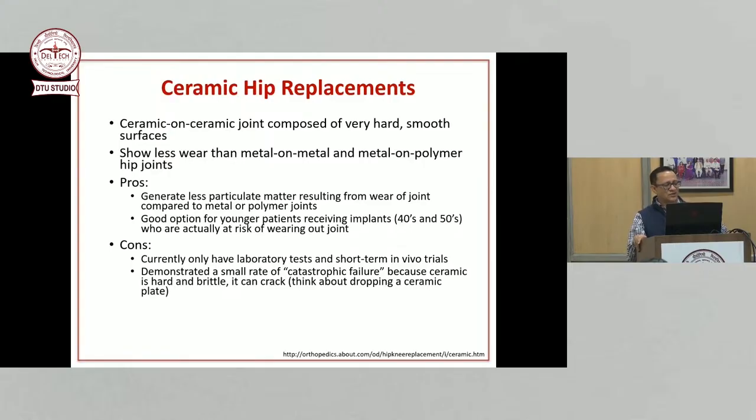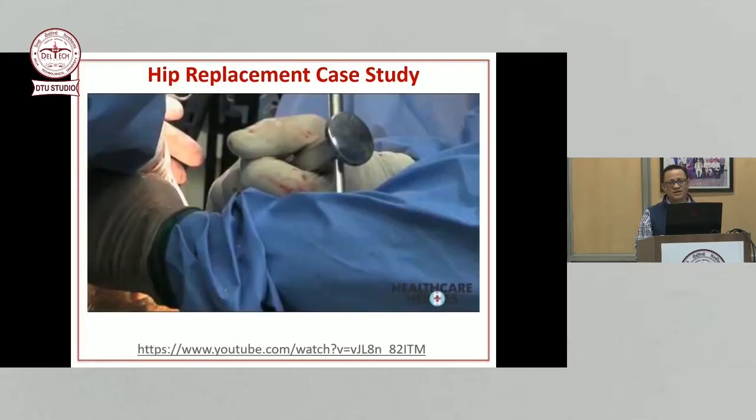But cons: currently we only have laboratory tests, and it has demonstrated catastrophic failure in a very small number of patients because it's ceramic on ceramic. So this is something that will be deciding how to decide which type of implant for which type of patient. Okay, so the next slide is the surgery.